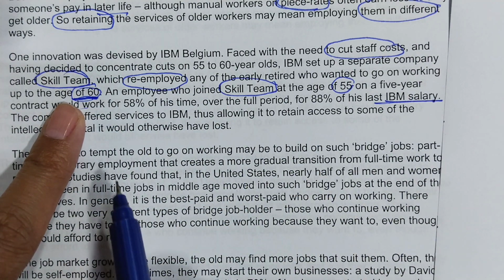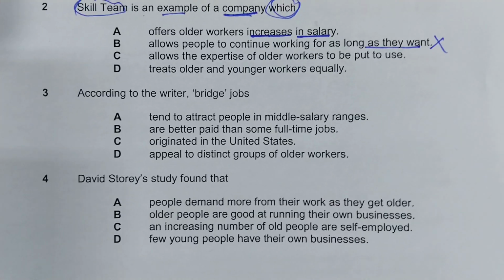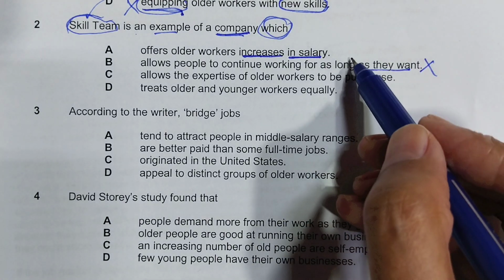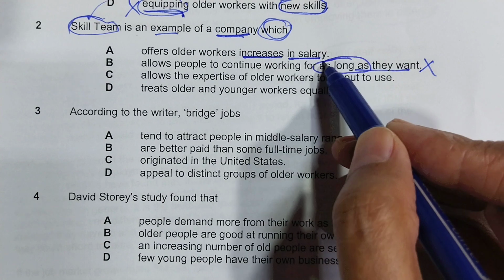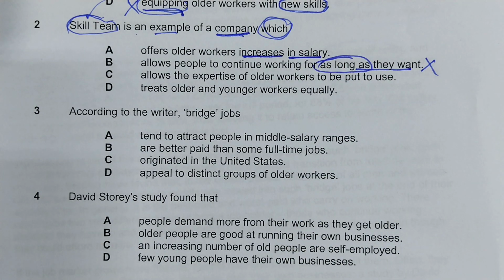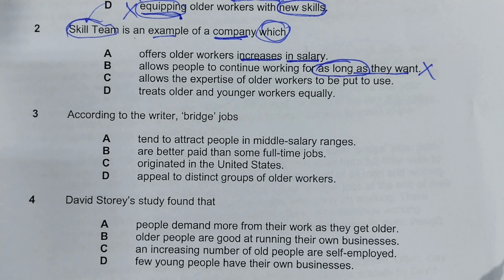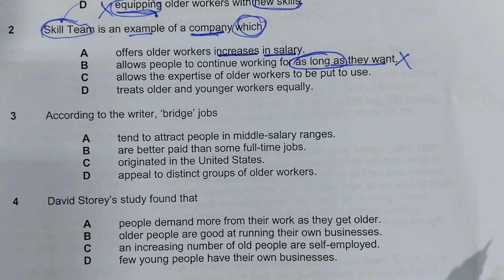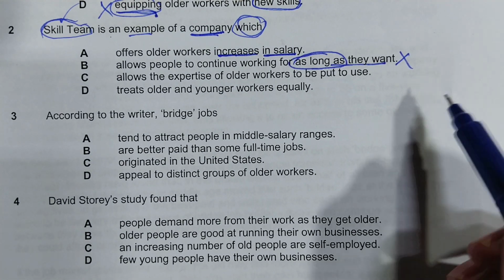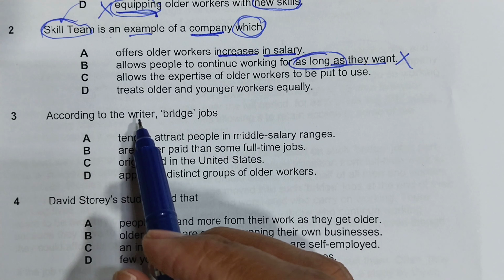So up to the age of 60 means not as long as. This is the word that tells you this is not the answer. So be careful and concentrate on these types of words, because these small words are very important for our MCQs. Okay, so this is not the answer.